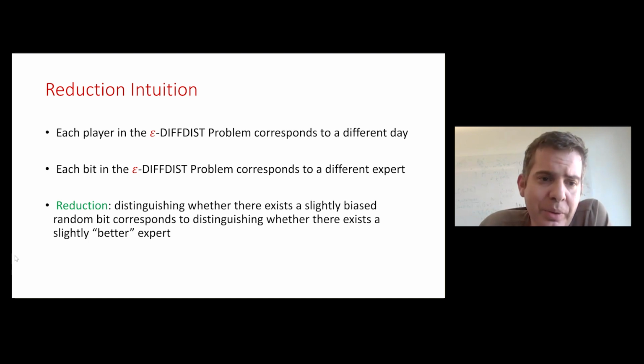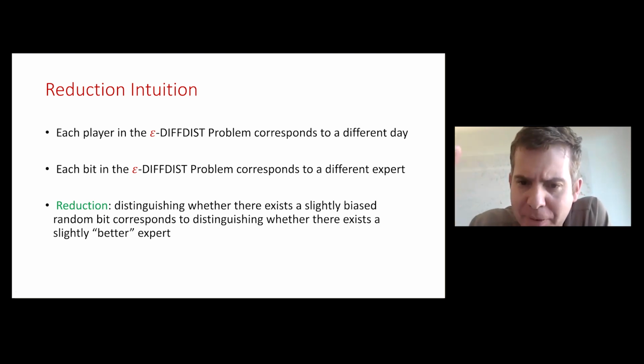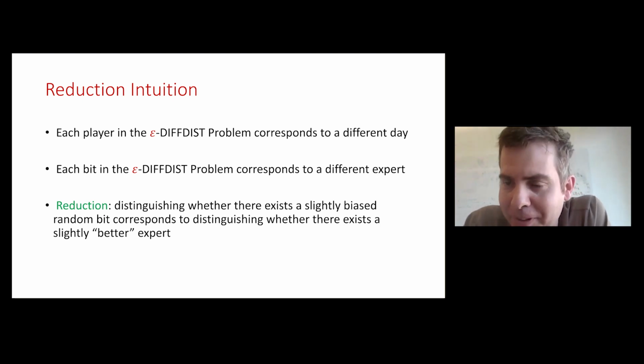Well, each player in this epsilon diff problem corresponds to a day, as I said. Each bit in this epsilon diff problem on a given day corresponds to the outcome of an expert. And the idea or hope is that this planted expert in the yes case that has this bias of 1/2 plus epsilon indicates an expert that's the best expert, that's doing better.